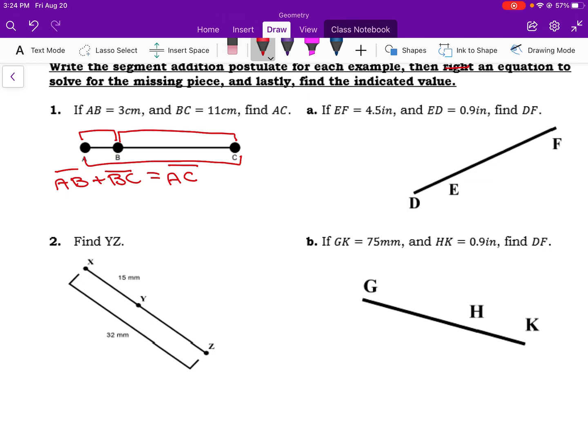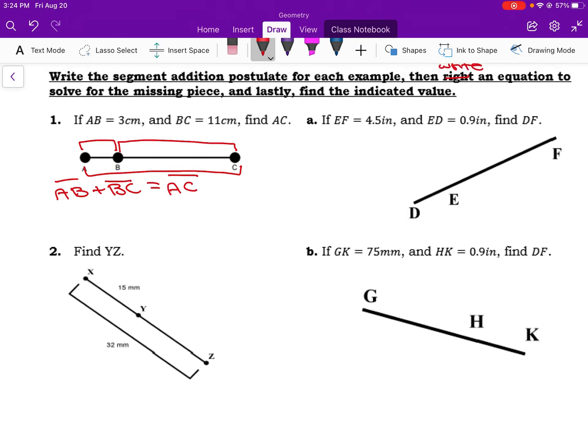Now that we have our structure, we are also being asked to write an equation to solve for the missing piece. In this case, we are being asked to find AC, and my equation is already written in such a way that AC is isolated.